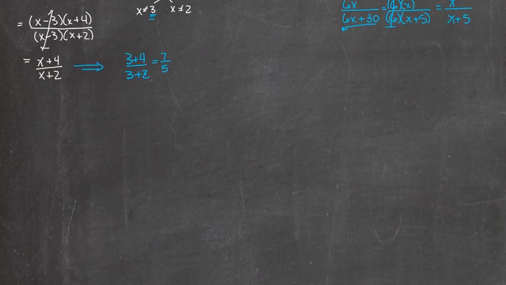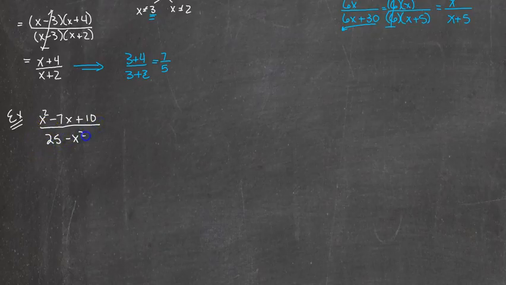So let's do one more because these are totally fun. (x squared minus 7x plus 10) over (25 minus x squared).